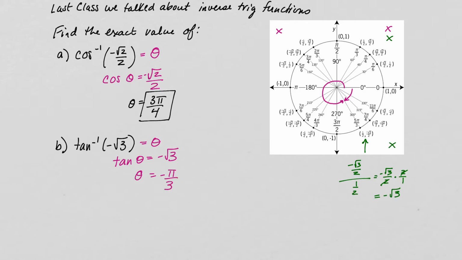This spoke, the 5 pi over 3, that's the same as minus pi over 3. The 7 pi over 4 is the same as minus pi over 4. The 11 pi over 6 is the same as minus pi over 6. And the 3 pi over 2 is the same as minus pi over 2. So those are what those 4 negative ones come out to be.